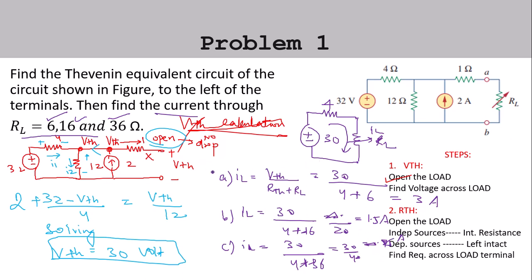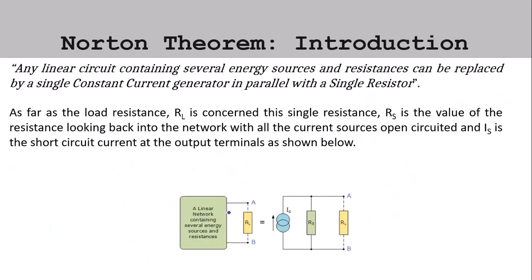So the point is, we are able to find all the values of load current within one step only, and this was made possible because of the Thevenin theorem that we applied. This is the advantage of Thevenin, that if the value of the load is variable, you can still find all the values within one go. Then the next important theorem is Norton Theorem.